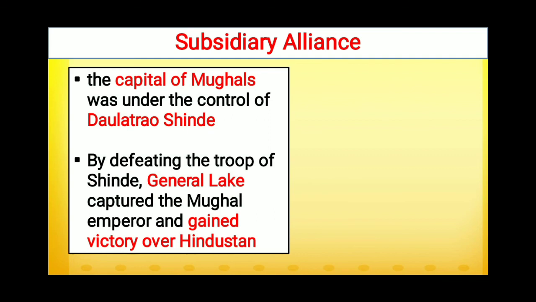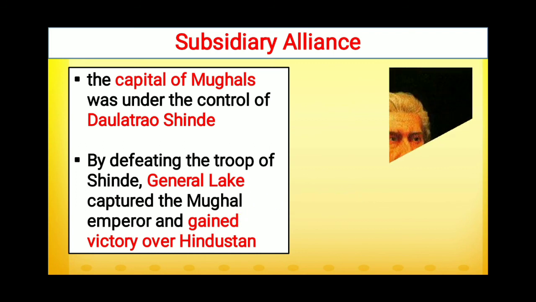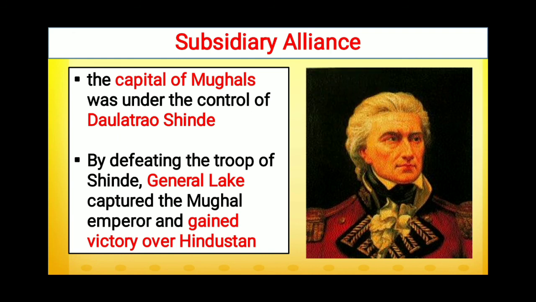Because of this, the Second Anglo-Maratha War was fought. The capital of the Mughals was under the control of Daulat Rao Shinde, and by defeating the troops of Shinde, General Lake captured the Mughal emperor and gained victory over Hindustan.